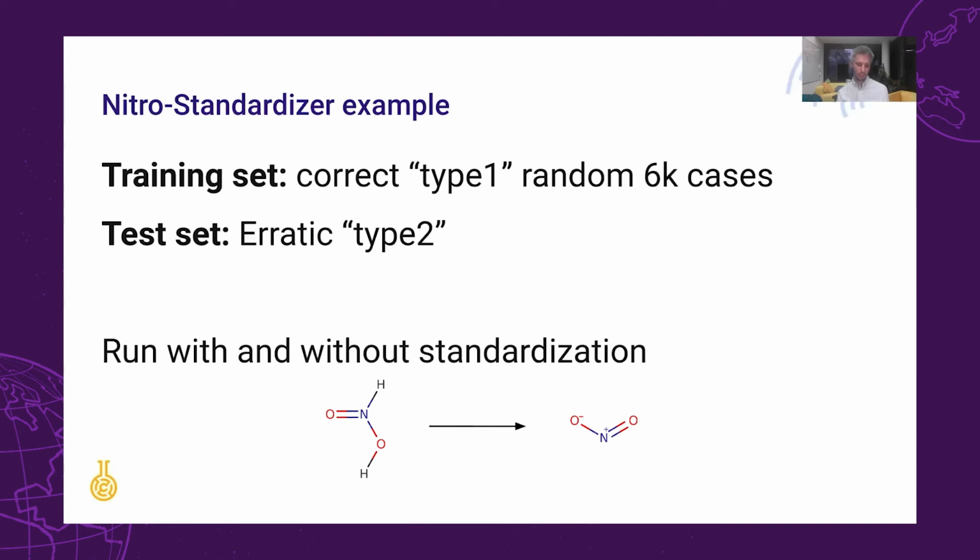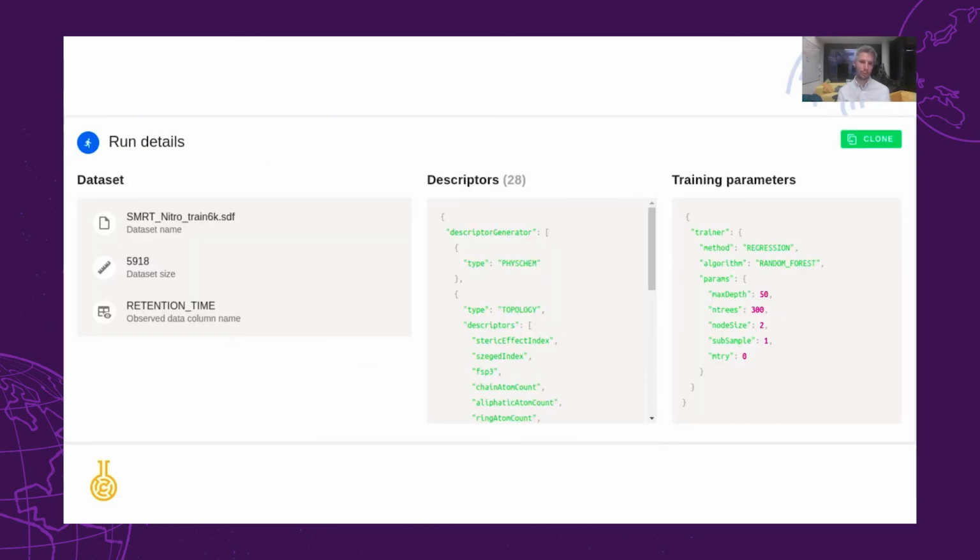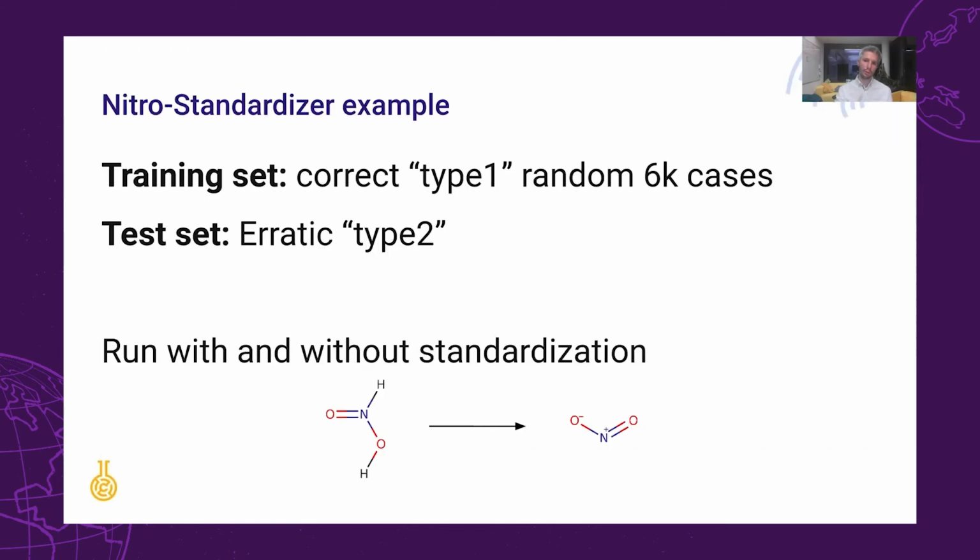I ran two model buildings, one with and another without standardization, using the standardizer rule. And I am showing you the model configuration in the Trainer engine, where we used 28 descriptors for the retention time activity value, and we are building regression random forest models.